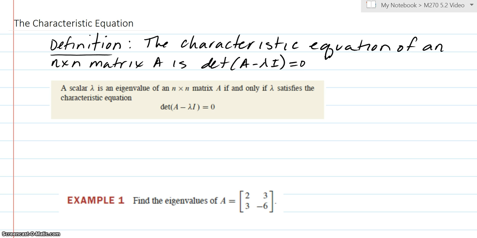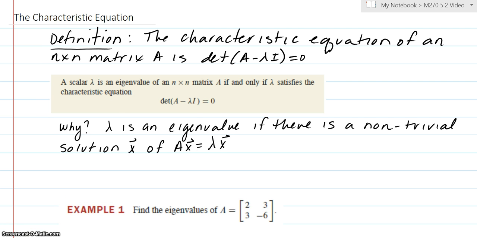And we're going to see that lambda is an eigenvalue of A if and only if lambda satisfies the characteristic equation. Why? Well, if you remember the definition of an eigenvalue, lambda is an eigenvalue if there is a non-trivial solution, x, of the equation Ax equals lambda x.